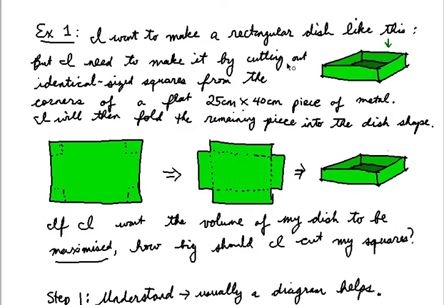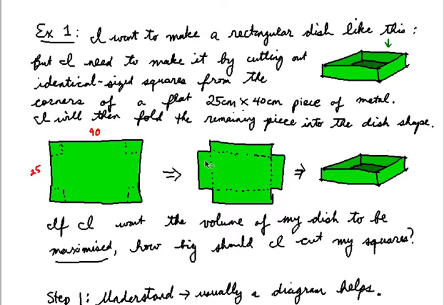But I need to make this dish by cutting out identical size squares from the corners of a flat 25 centimeter by 40 centimeter piece of metal. So let's say this was a piece of metal, and that was 25 by 40 centimeters.